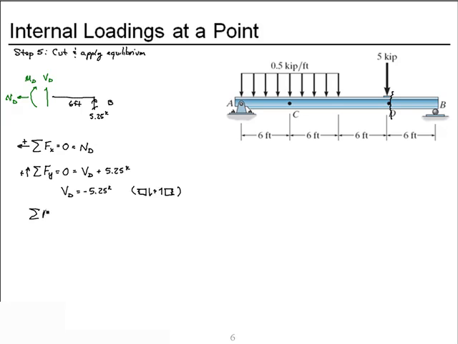Let's sum moments. We'll go about point D. This time I'll go clockwise as positive since it is my choice. I think this will make it a little easier. We have our unknown moment at D. Contribution from the reaction is in the opposite direction.